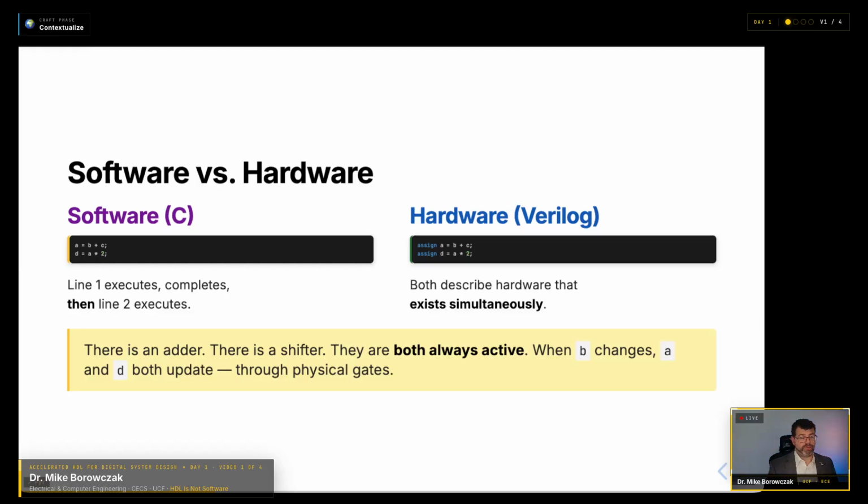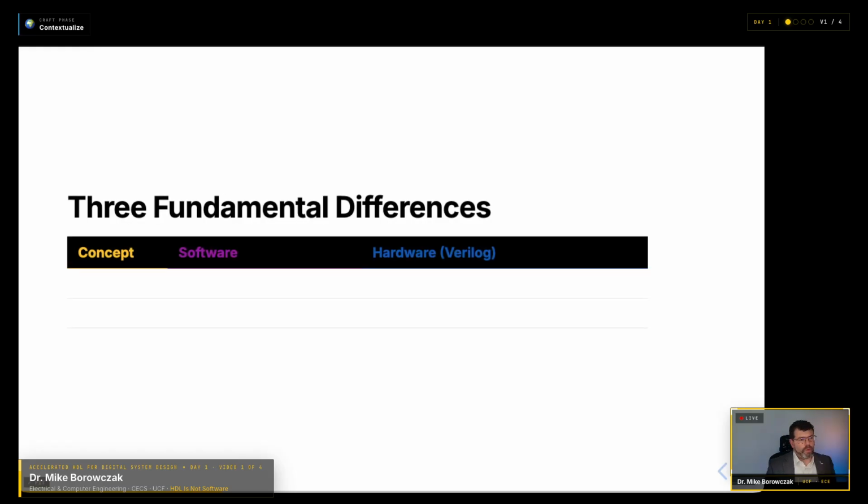That is the A equals B plus C. And there's something that's shifting, essentially shifting a value by 2. They're always active, right? So the moment B changes, A and D both will change through some set of real physical hardware and gates.